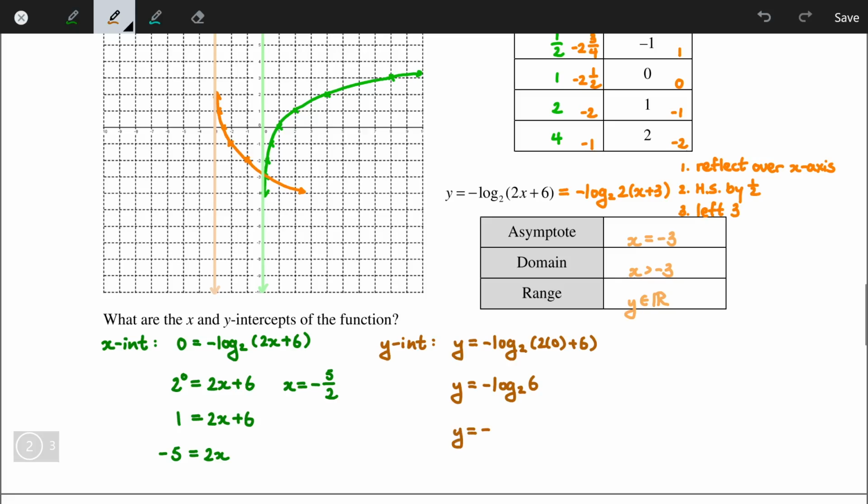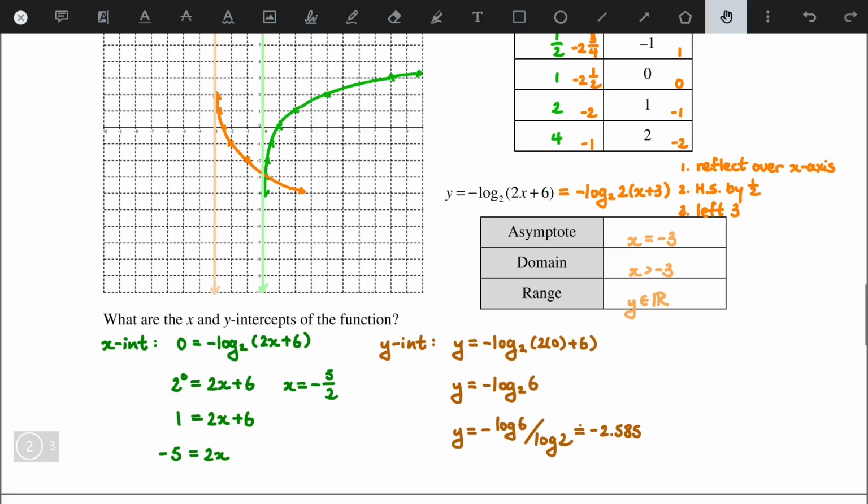We will use our calculator to estimate a value, so we can rewrite this as negative log 6 over log 2 using the common logarithm, and we'll get an approximate value of negative 2.585 and so forth. Which means this graph is probably supposed to be a little bit less steep, the curve, so somewhere around here.